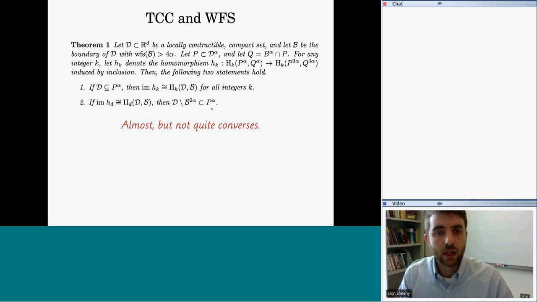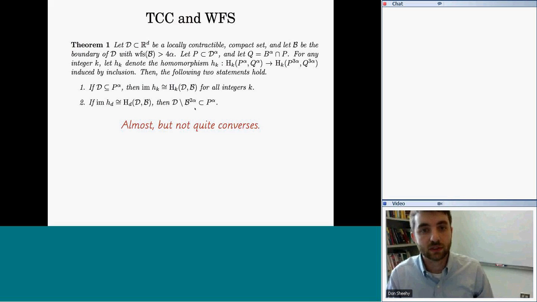The difference is that in the first you have to have the entire space and homology for every dimension. In the second one, you only need to know the d-dimensional homology and infer coverage of some shrunken version of the domain. So D minus B2 alpha is covered. So they're close, but not quite converses.